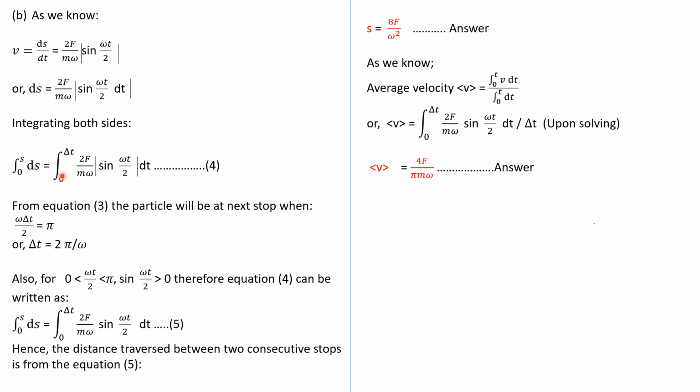The next stage at which the particle will stop again, the next successive stop, is when sin omega t by 2 becomes 0, because V is this.